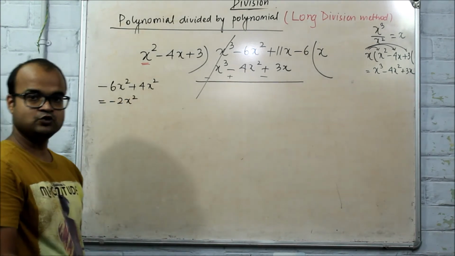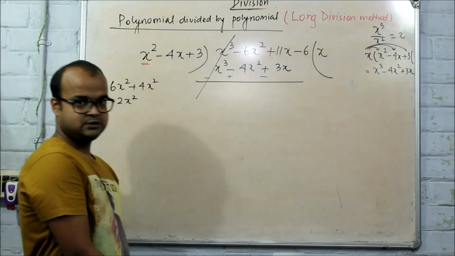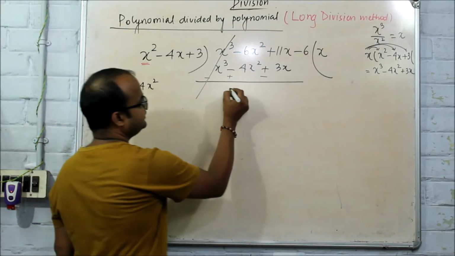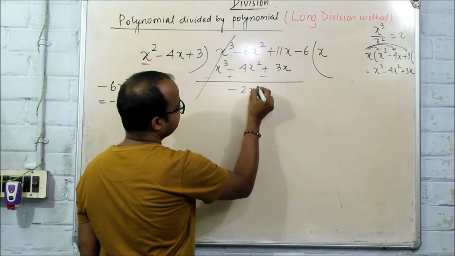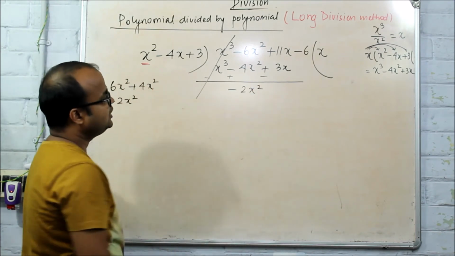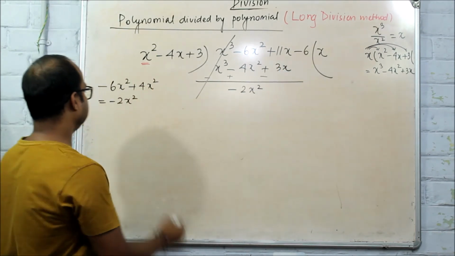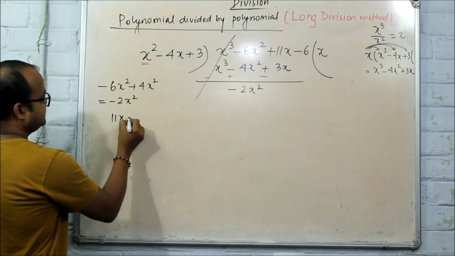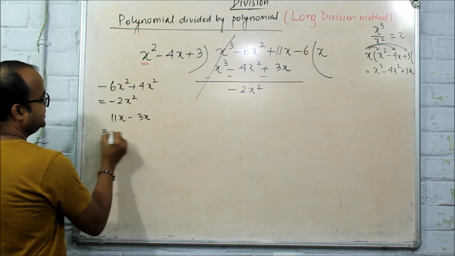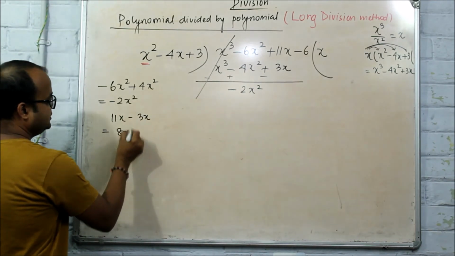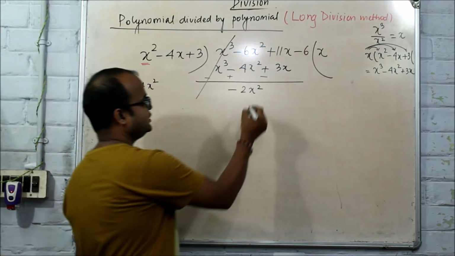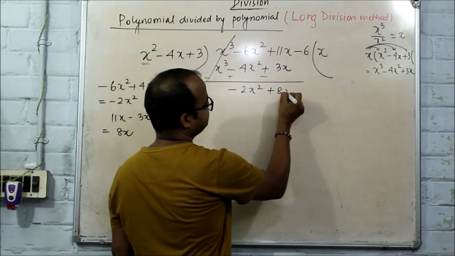We learned how to perform the addition and subtraction. So here we write minus 2x square. Now 11x minus 3x, it is opposite sign, subtract. So we are getting 8x. So here we write plus 8x.